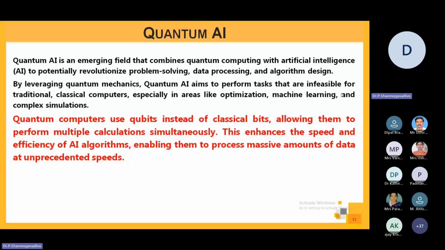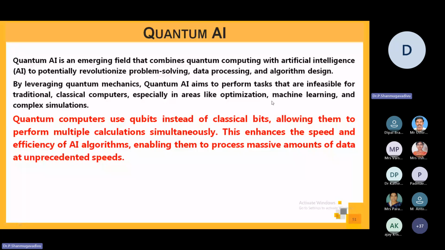Please try to understand, when a problem cannot be solved by traditional computing, that's a scope for quantum computing to come to the rescue. By leveraging quantum mechanics, quantum AI aims to perform tasks that are infeasible for traditional classical computers, especially in areas like optimization, machine learning, and complex simulations.